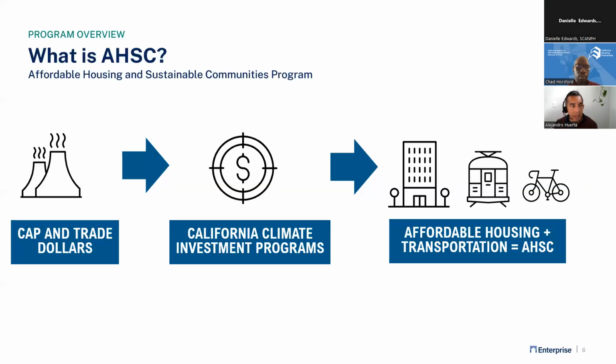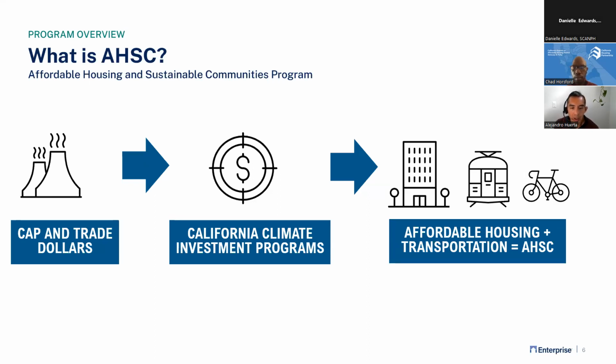So broadly speaking, the Affordable Housing and Sustainable Communities program is a joint loan and grant program that gets its monies from cap and trade dollars through the auction proceeds. These auction proceeds feed into the CCI, or California Climate Investment Programs. Some of you all just refer to this as cap and trade.